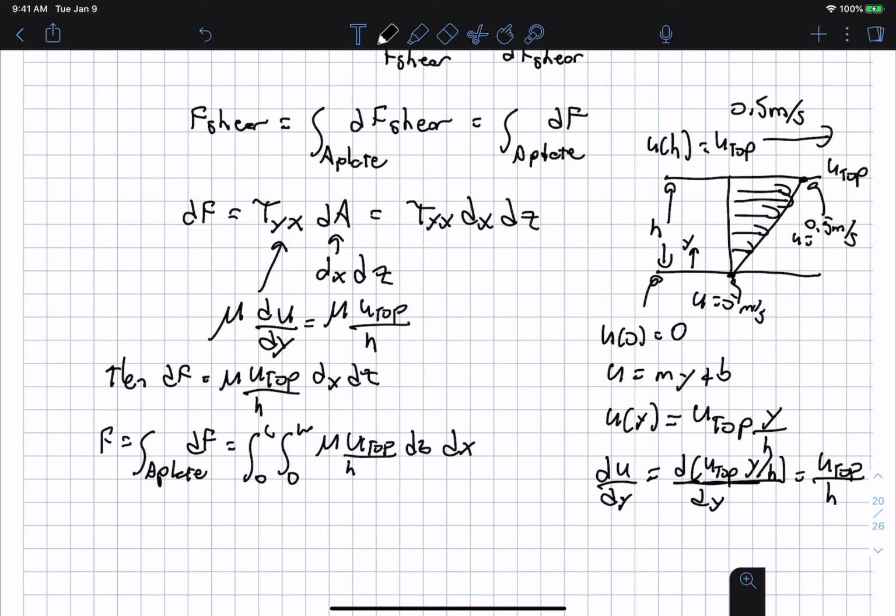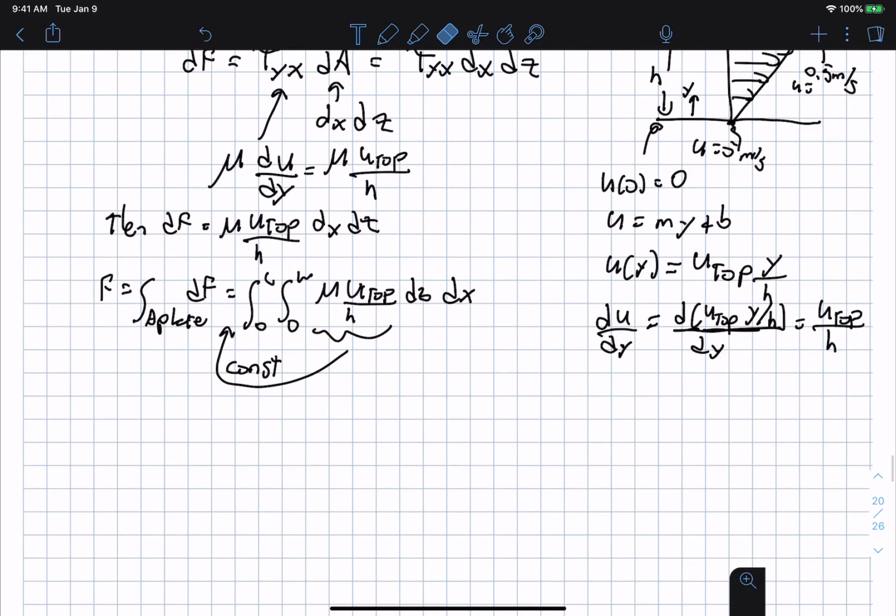Basically we're just integrating over a plate, and that winds up being a double integral. But fortunately, these here are just constants, so we can pull those out because we're assuming constant properties. And we're also assuming that the top plate velocity and h are not changing.